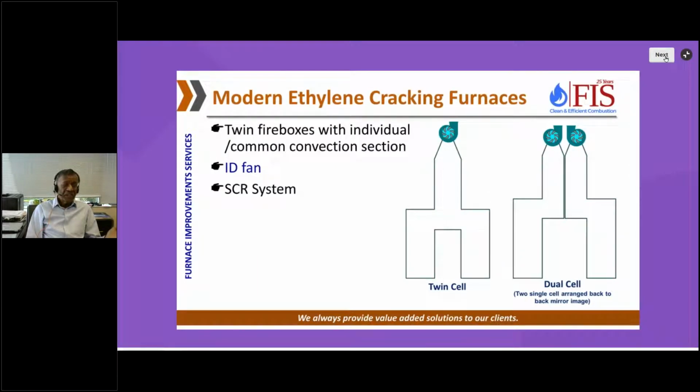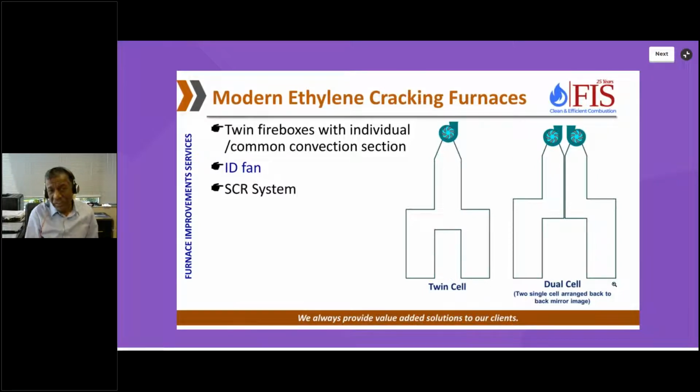So modern ethylene cracking furnaces are basic. You can either have a twin cell heater, like two radiant sections with a common convection section and ID fan on the top, or you could have two furnaces which are like mirror images, and they are put together.